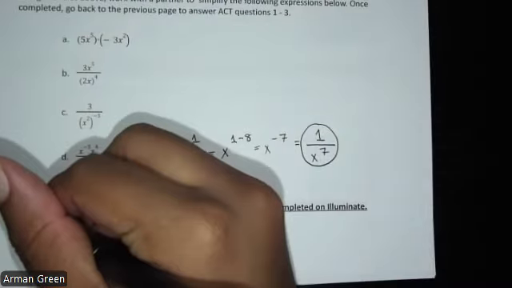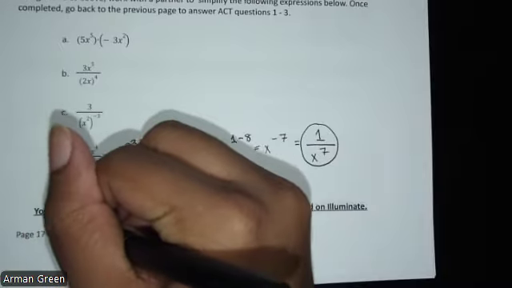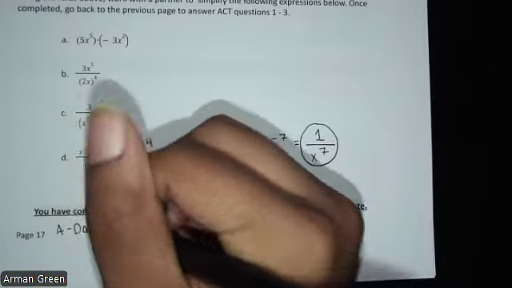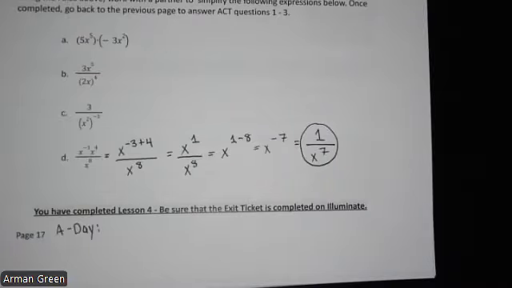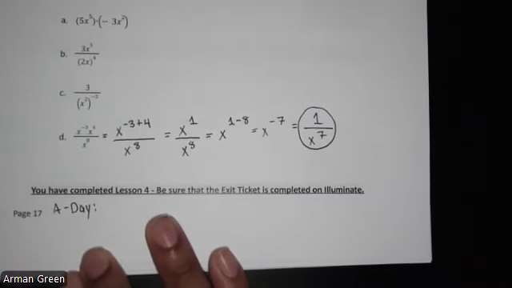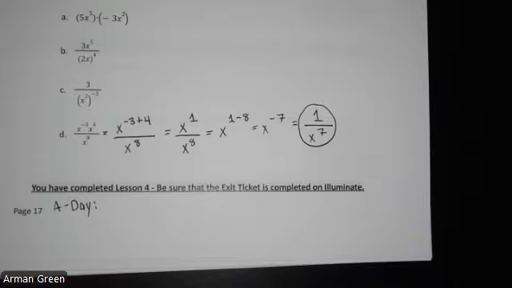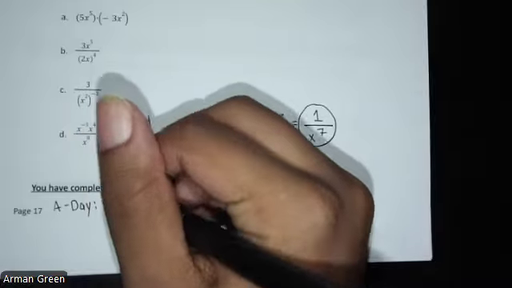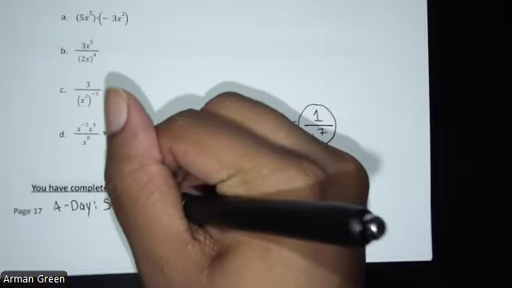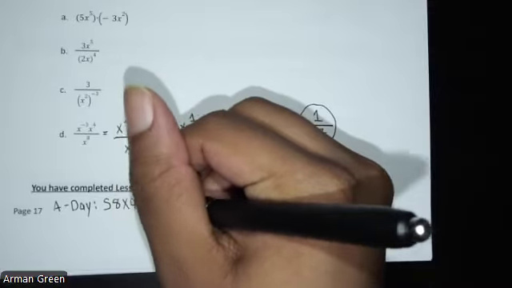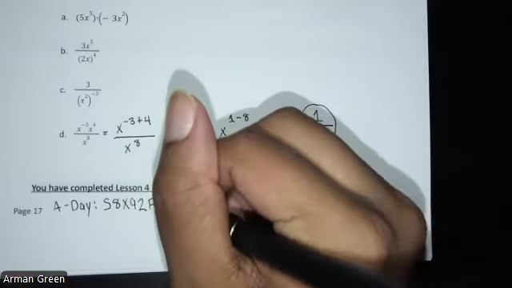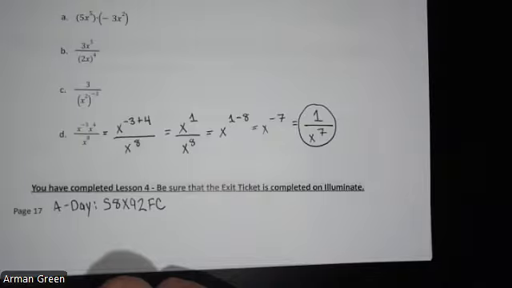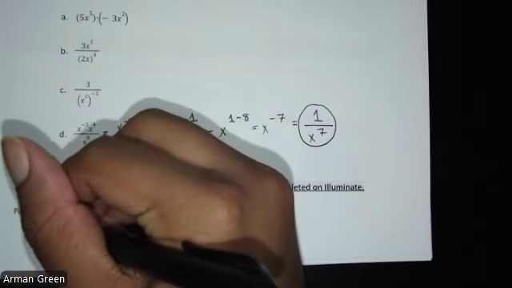If you have me on A day, the code that you will use to get to the exit ticket is S8X92FC. So that is your code if you have me for A day.